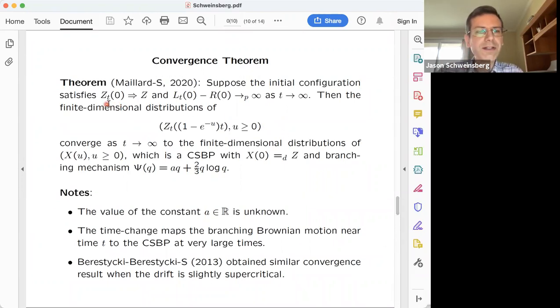So this leads to the following limit theorem. We assume that zt(0), that's our measure of the size of the process at time 0, converges in distribution to some random variable z as t goes to infinity. And we assume that LT(0) minus R(0) converges in probability to infinity, which means that the rightmost particle at time 0 is starting far away from the right boundary at LT(0).